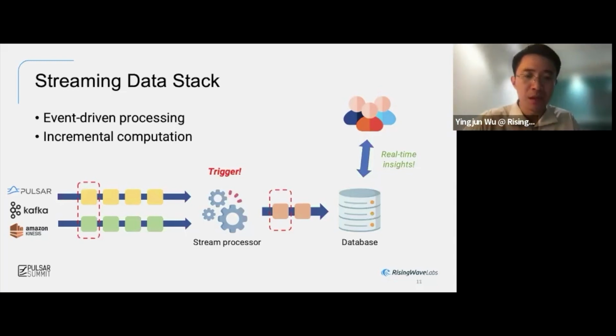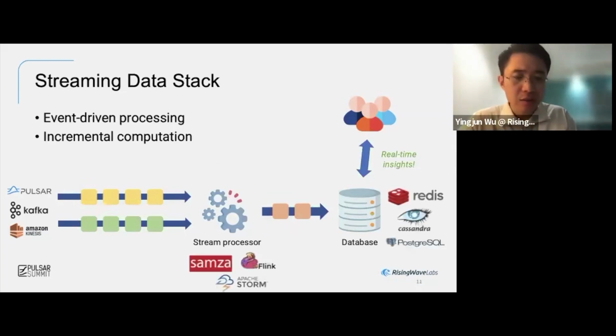For example, if a new tuple comes into Pulsar, then what will happen? The stream processing system downstream will process that single event, trigger the computation, and update the results, if there are any. It will update the results and deliver the delta to a downstream delivery system.